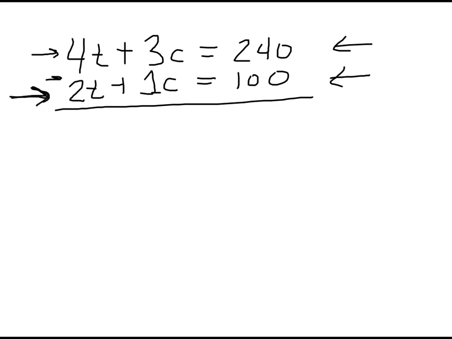So if I multiply this times 2, I end up with 4t plus 2c equals 200. I took this times 2 to get 4t, this times 2 to get 2c, and this times 2 to get 200.